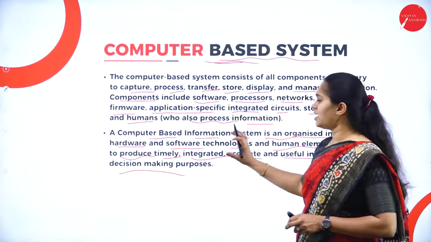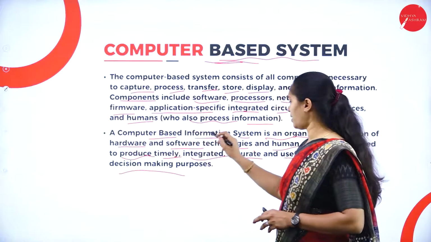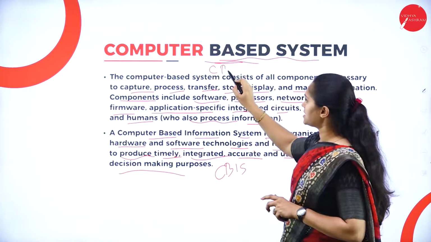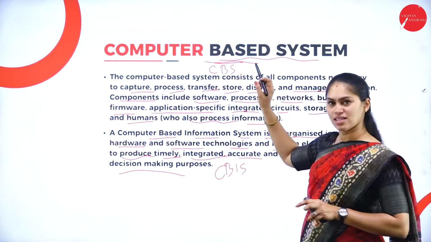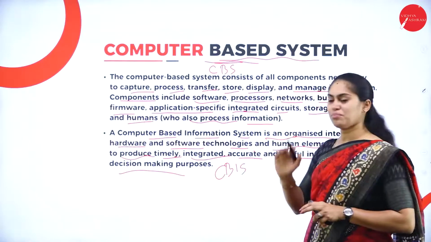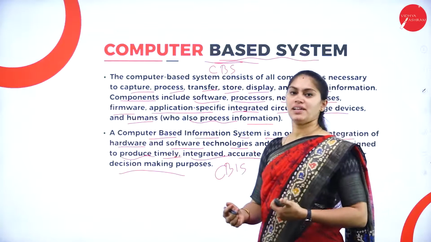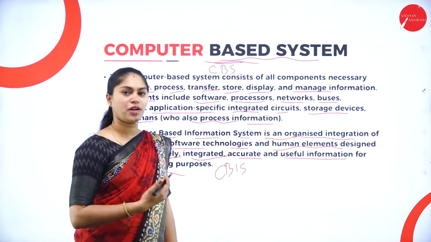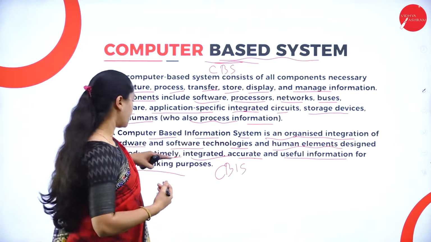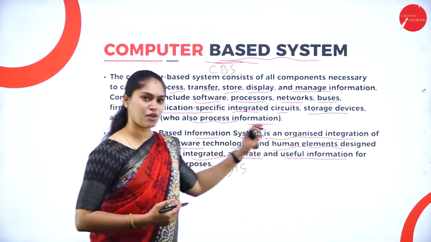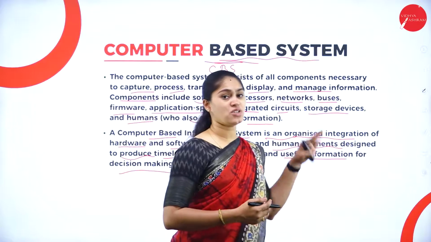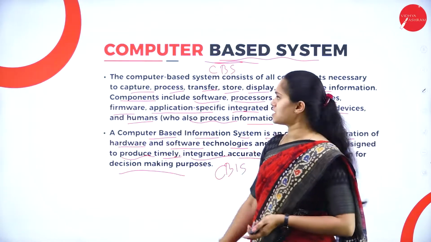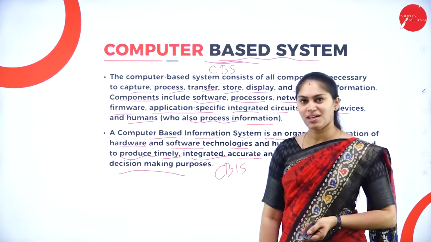This is CBIS, the computer-based information system, while the earlier one is CBS, the computer-based system. In CBIS we integrate all the hardware, software and humans to get timely, integrated, accurate and useful information, and to manage that information for decision making. This is regarding the computer-based system.